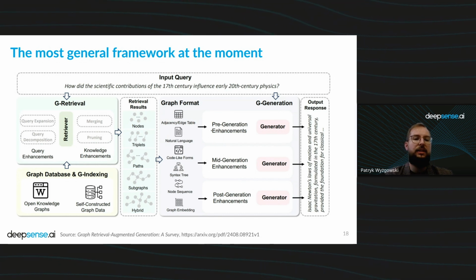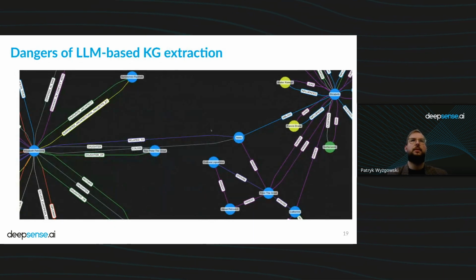So you basically use an LLM to extract the knowledge graph, which means finding the proper entities, naming the relationships, providing them with proper summarizations and descriptions, and so on. That would be it. So let's have a look at some dangers of such knowledge graph extraction. We can observe it even manually.